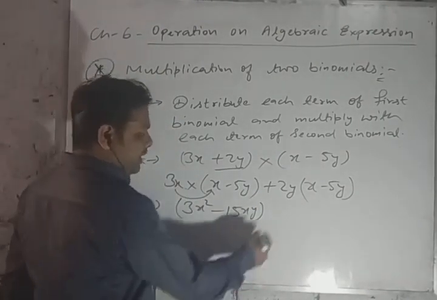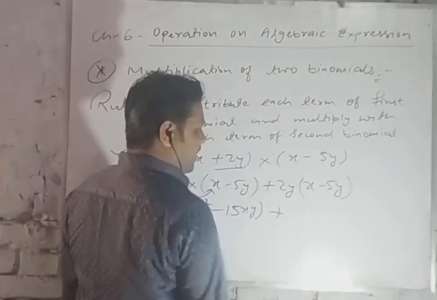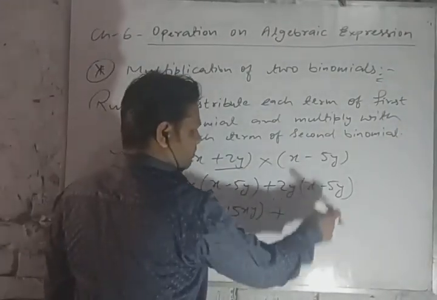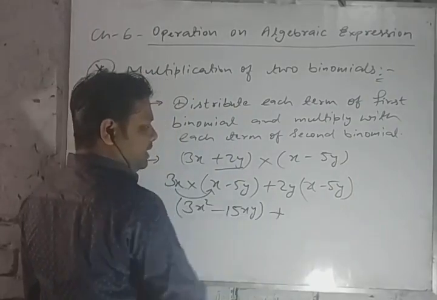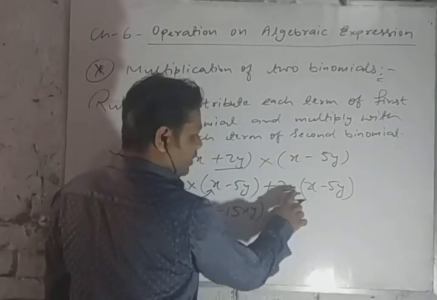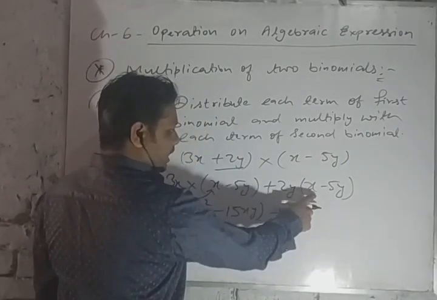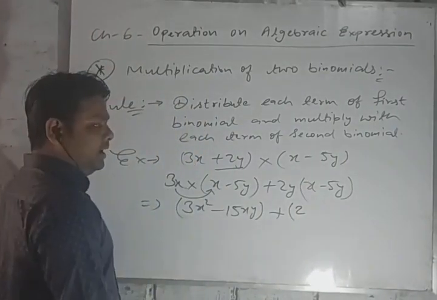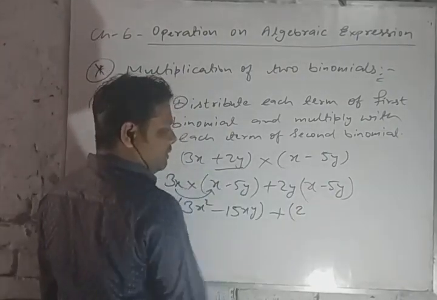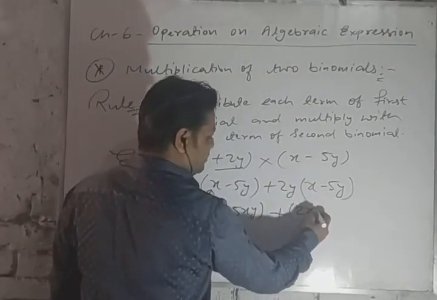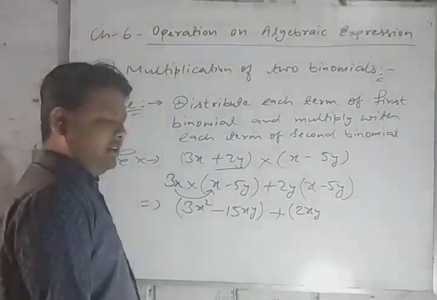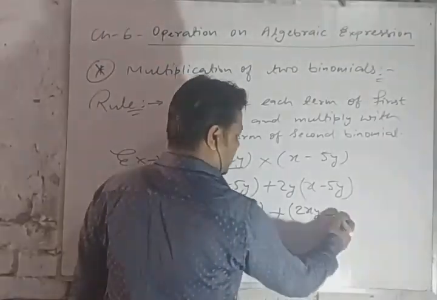After that we will write plus, then we have to multiply each term of this binomial by 2y. So this will be 2, and here the constant term is 1. 2 times 1 is 2. Again these are unlike variables, so we cannot multiply them. Directly we will write xy, the first alphabetically. Now here a minus sign, so we will write minus.